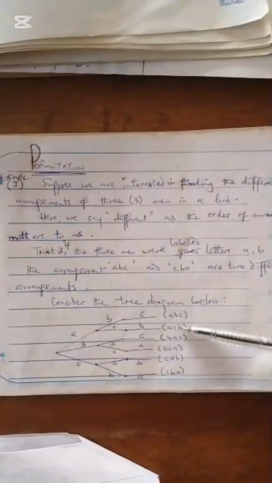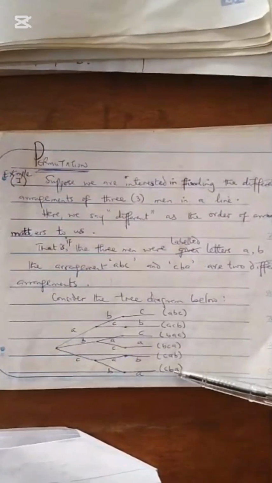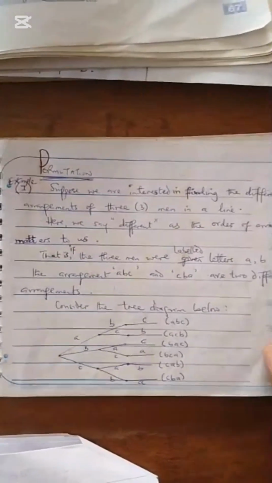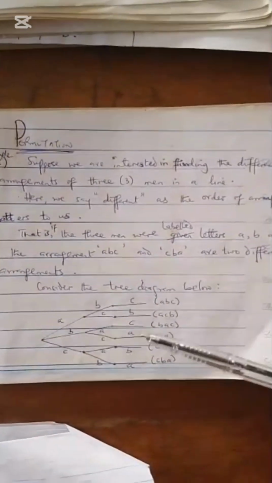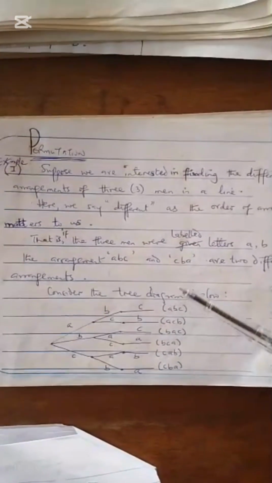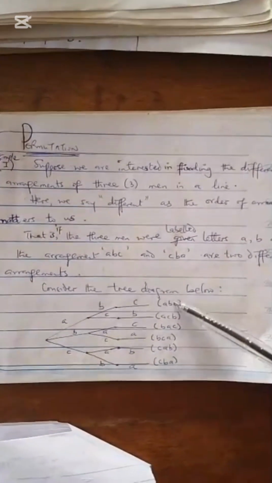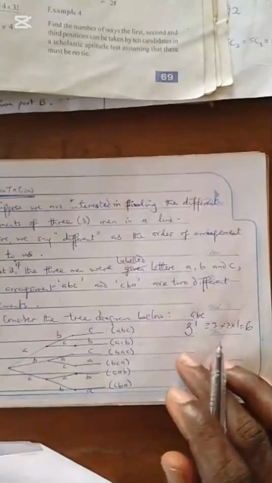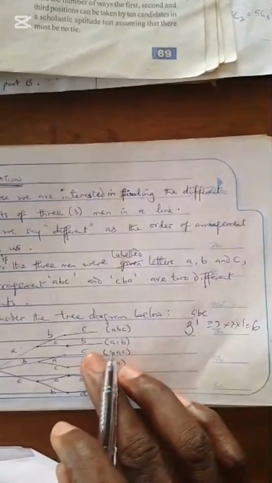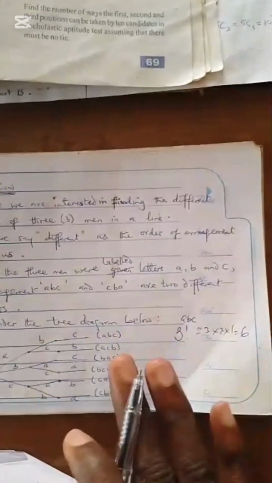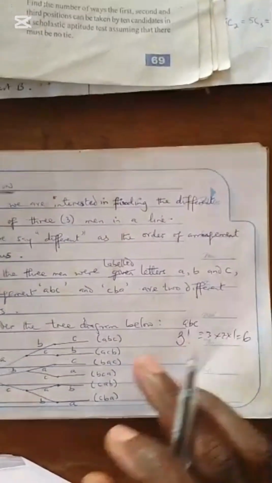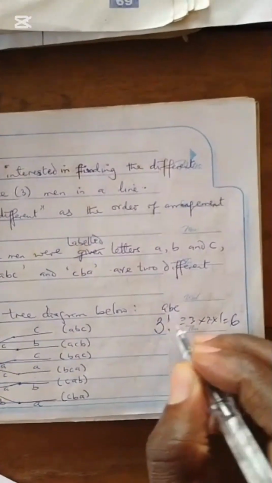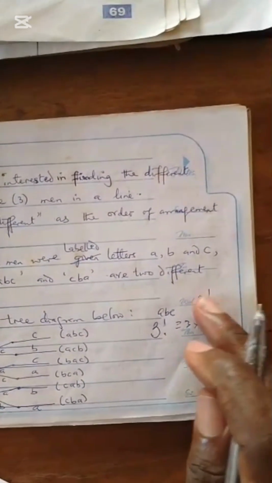So these are the 6 different ways the letters A, B, C can be arranged or permutated. So these are the permutations of the 3 letters A, B, C. See, the order matters. So the number of ways 3 items can be arranged, where the order matters, is given by n factorial, where n stands for the number of items.